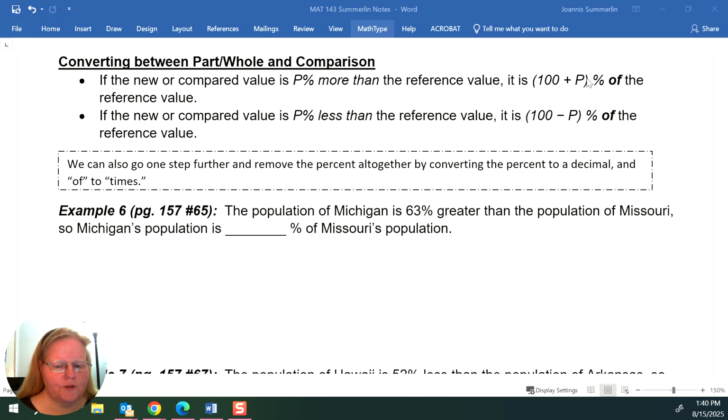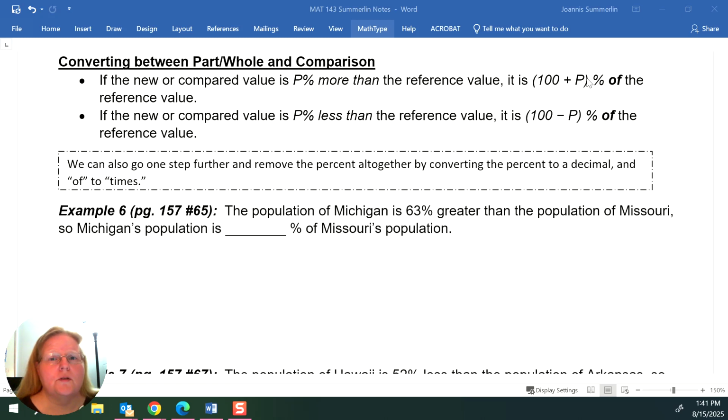So that 100 is the cost of the meal. That's 100% of the cost of the meal plus the percentage of the tax on the meal. That's what the P is. So it's easier to go ahead and calculate 100 plus that percentage and just do one calculation than to do it the old-fashioned way, which is to calculate what the percentage of the tax is and then add that to the cost of the meal.